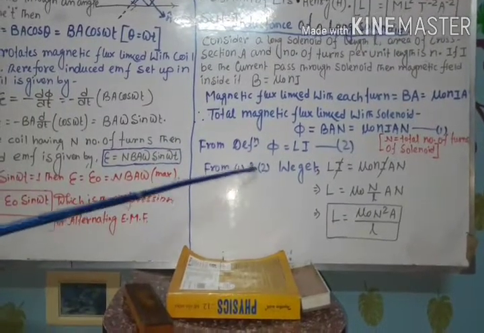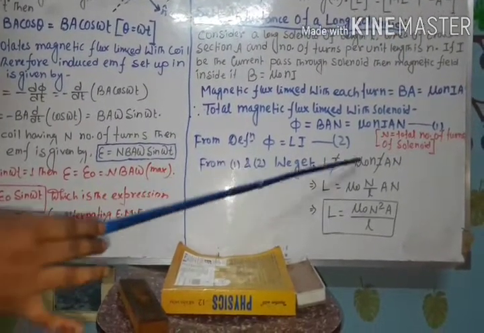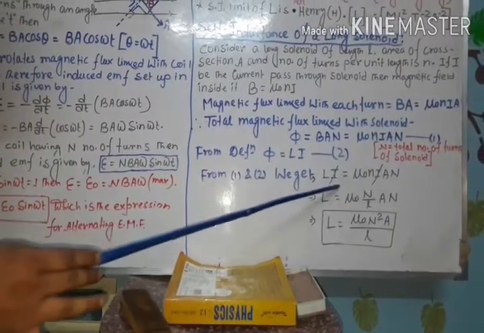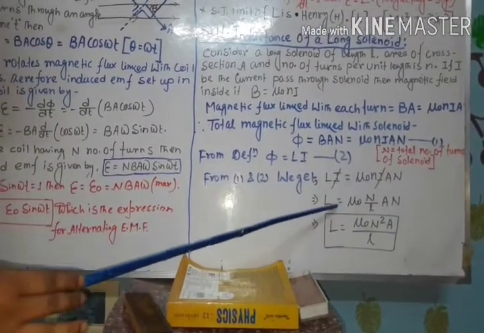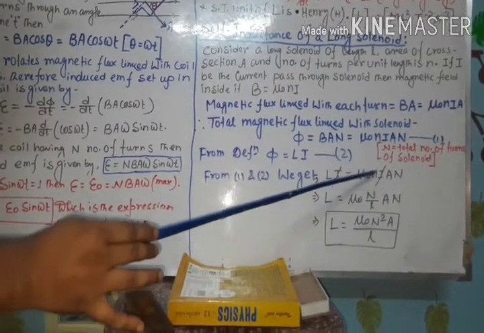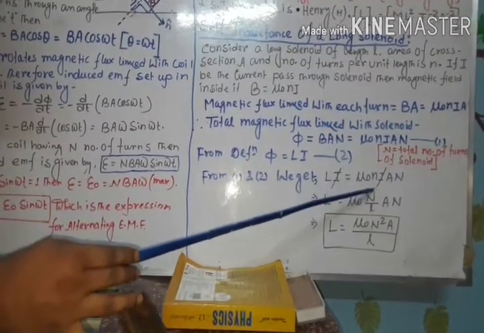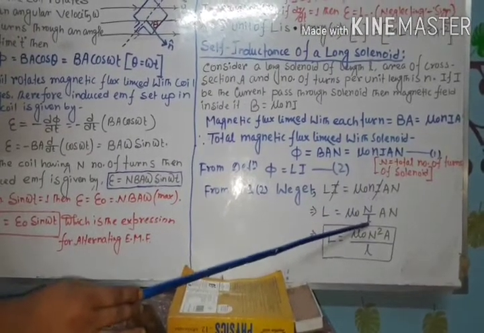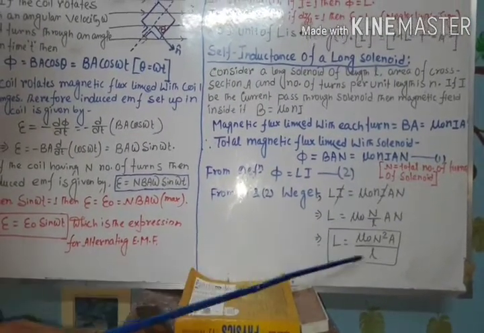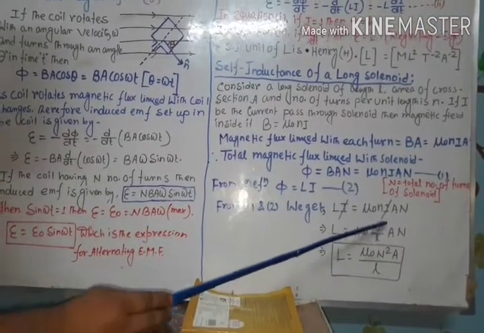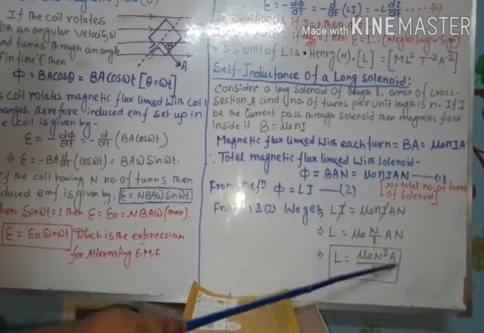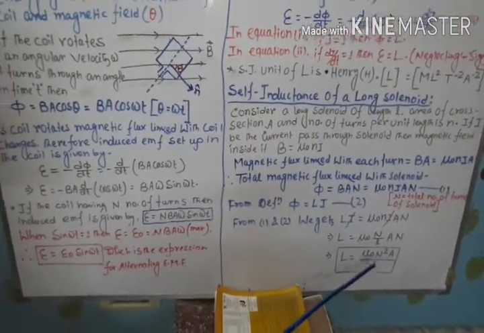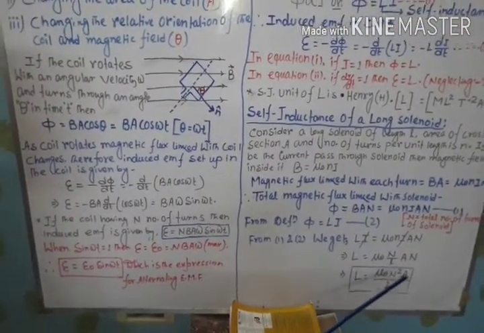So from 1 and 2 we get L I equals mu naught n I A N. From both sides I cancelled, so L equals mu naught n A N. In place of small n, we can write total number of turns by length of the solenoid, that is N by l. So L equals mu naught N squared A by l. This is the expression for self-inductance of a long air core solenoid.